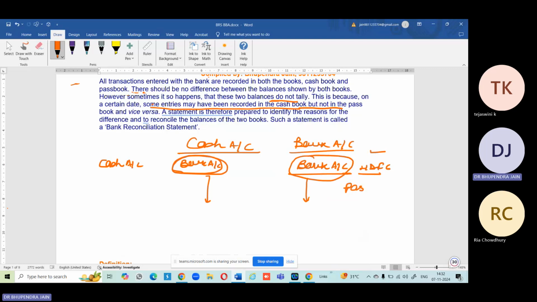So whenever you open the bank account, the bank will provide a passbook to the customer.